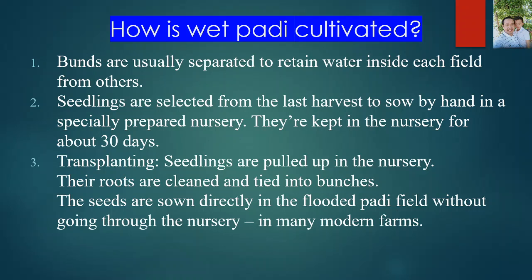Farmers make sure the roots of the seedlings are clean and tie them into bunches, cutting the edge of the seedlings.